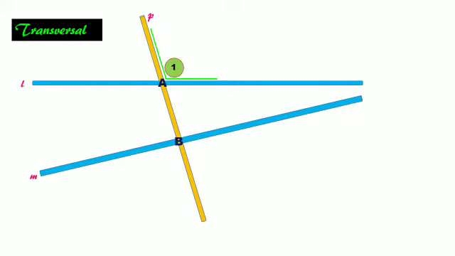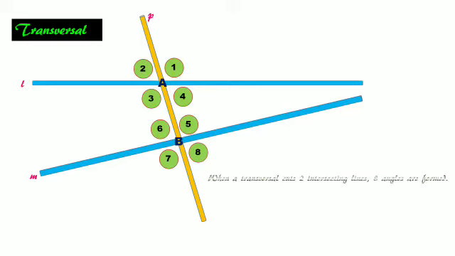Okay, the first angle is formed here, and likewise the second angle is formed here. Also there are 8 angles which are formed by such lines. Okay, now you can see that when a transversal cuts two intersecting lines, 8 angles are formed, 4 angles at point A and 4 angles at point B.